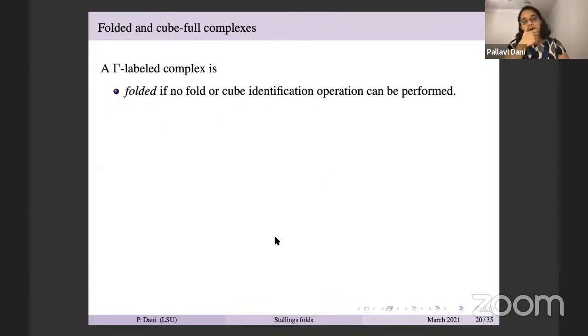Okay, and so now once you've got these moves, you need to know when you're going to stop doing moves. And so we have this concept of folded. It's the same definition as we had before, which is that it's folded if you cannot perform any fold or cube identification operations.